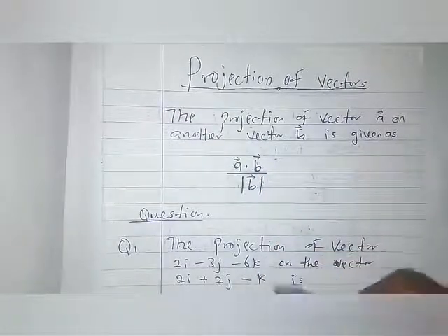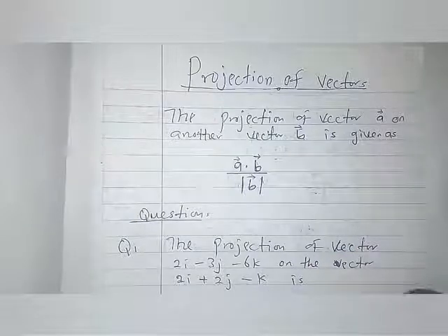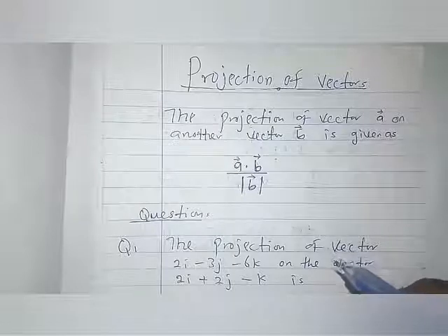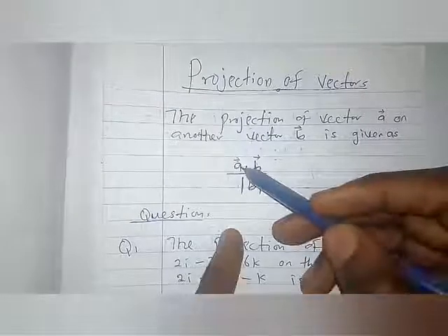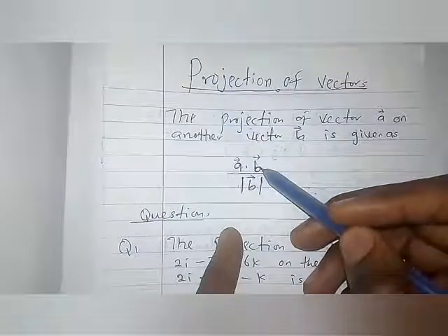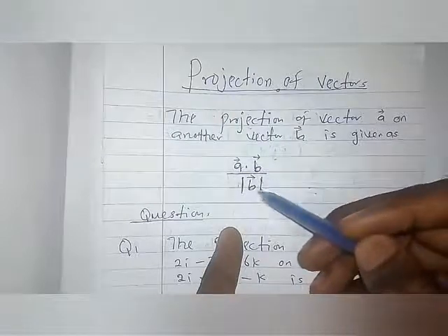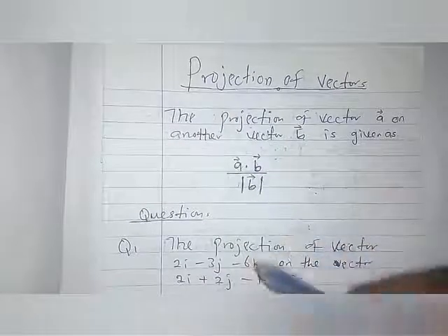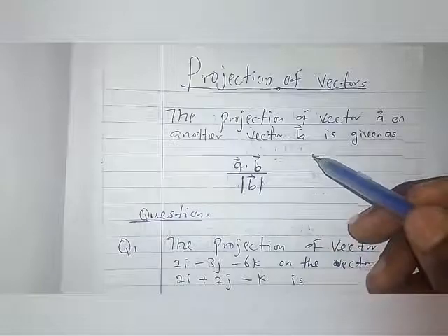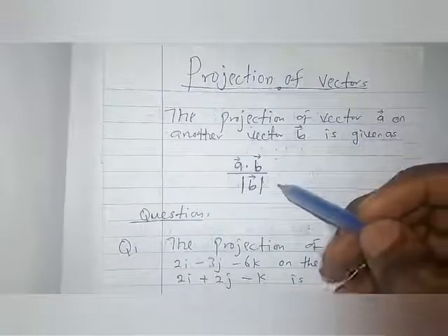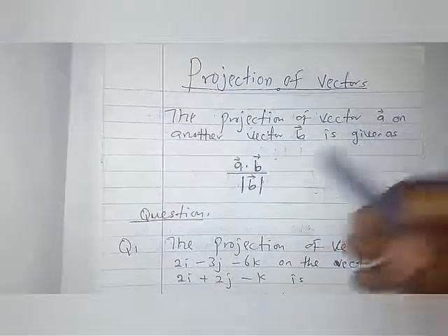So if you are given two vectors and you are asked to project one on another, just dot the vectors and divide by the magnitude of the vector which the first one is projected on.